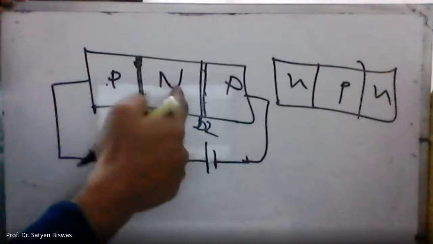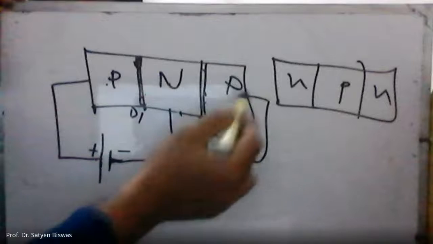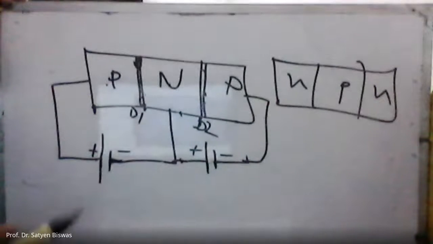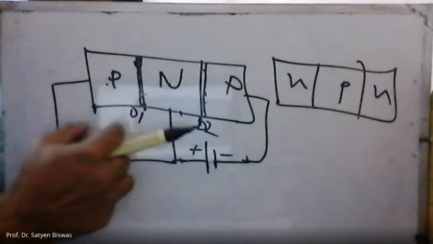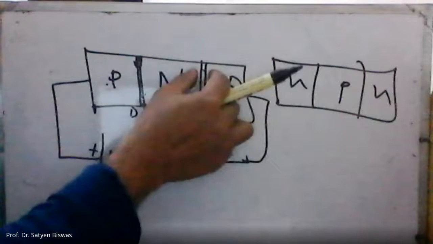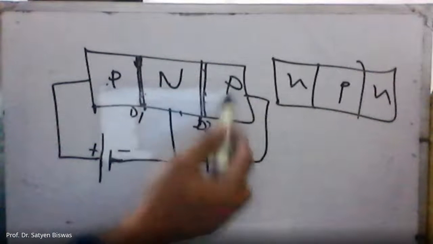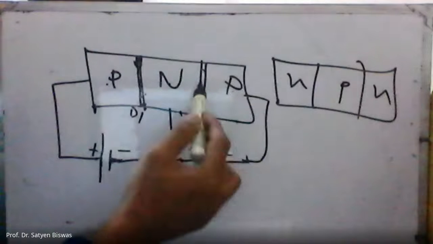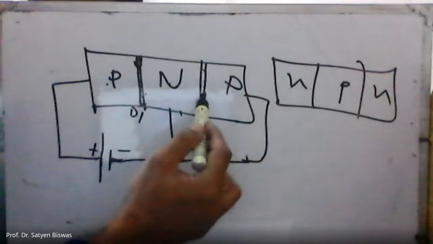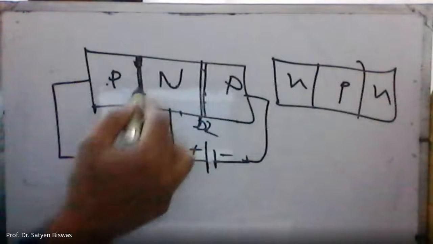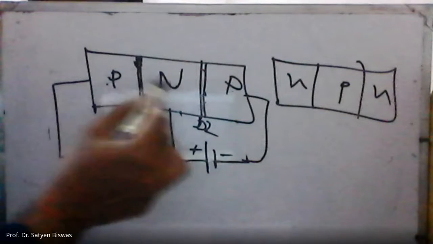So this N side will be positive and the P side negative. Now it's done. This is forward bias. You see this junction, this diode: P is connected to negative, and N is connected to positive. This is reverse bias, and for this one, P is positive and N is negative.